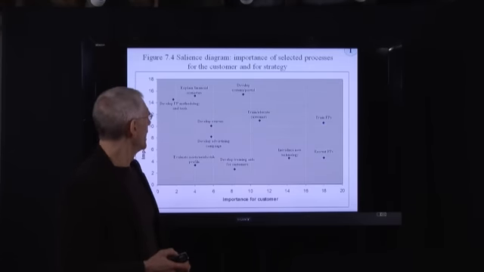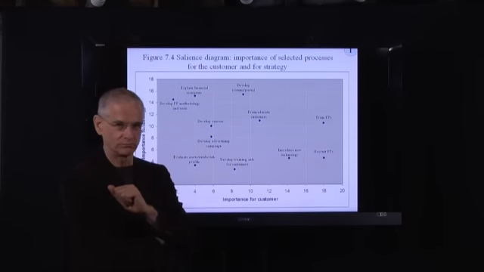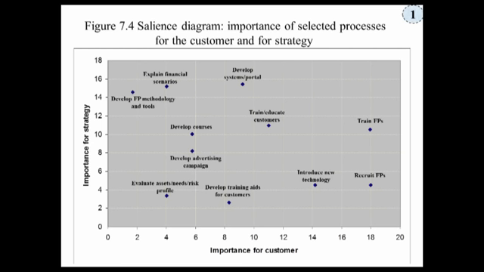There you go. Let's come back to our financial planner. Let's say that the organization has assessed a series of processes. Here I've got 3, 6, 11 processes. I've assessed their importance for the customer, and I've assessed their importance for strategy.